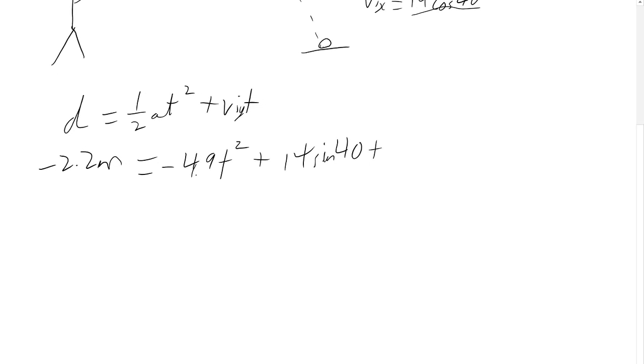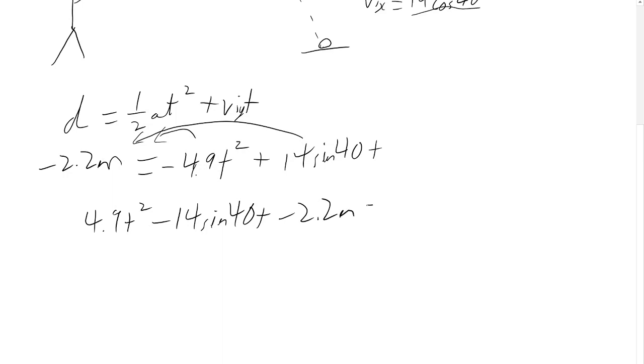Then what I would do now is move these two terms over, so we can have a quadratic equation. And after we did that, we can actually use the quadratic formula to solve this. It's 2.2 meters equals 0.